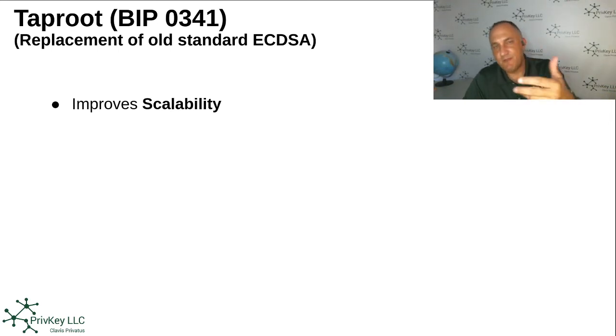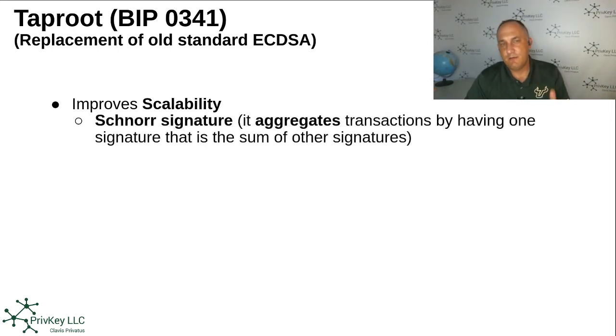The replacement of this standard, one of the things that it improves is scalability. The name of this replacement is Schnorr signatures, a version of the ECDSA. In the case of scalability, it aggregates transactions by having one signature that is a sum of other signatures. So you have multiple signatures, you take the sum of all those signatures and you create another signature.